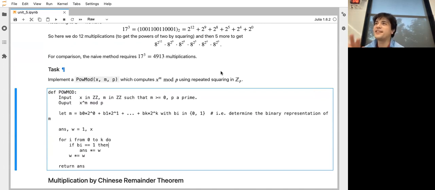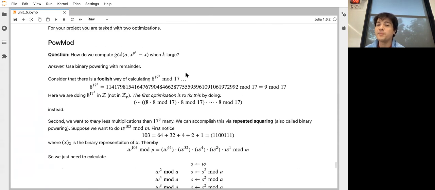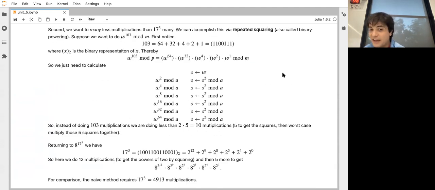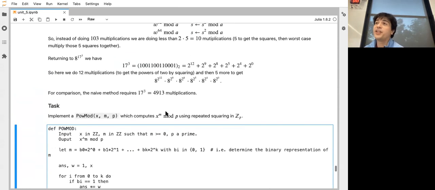So PowMod already exists in the project somewhere, but it's only doing the first half of this optimization. And the only reason we gave it to you actually is because we kept getting overflow errors without using it. So we made sure that we weren't going to overflow, but it's still left to do the binary powering. And you'll see a pretty significant increase in efficiency, because again, we're doing 12 multiplications instead of 4,000 multiplications. And that's going to be super significant.